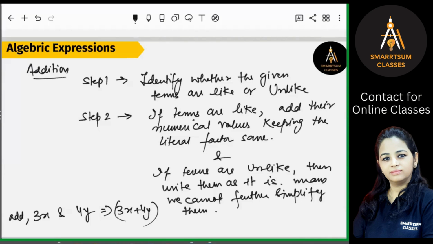Similarly, in subtraction also, we will write them as it is. It is exactly like chairs and tables: we cannot add them, so we simply write 3 chairs and 4 tables. Simply here also 3x plus 4y. Is that clear? Okay, let's do some more questions.